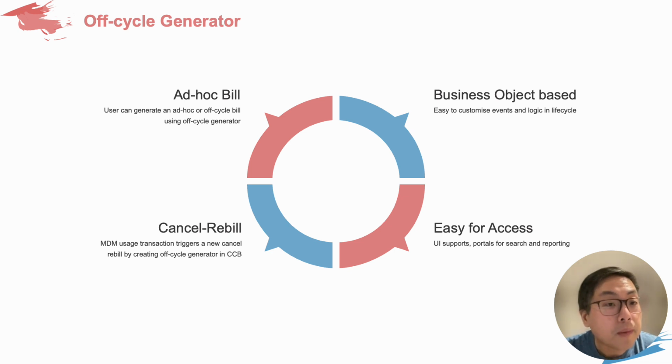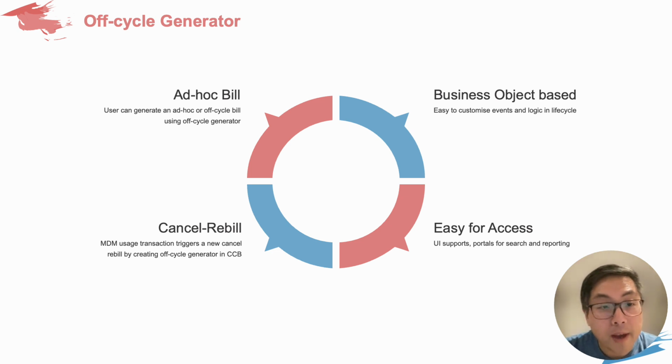One of the main uses of off-cycle generator is the cancel rebuild, especially with MDM, for example, as we were talking about.